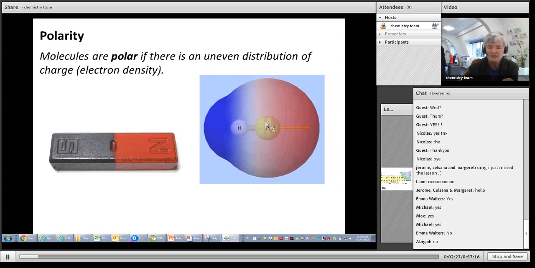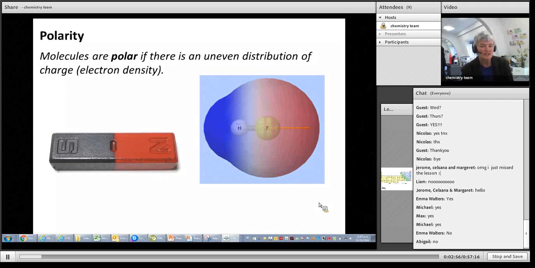Fluorine attracts those bonding electrons a lot more strongly, so you're going to have a polar bond and therefore a bond dipole. Now, the shape of the molecule will say whether you're going to have a molecular dipole. This is a simple one because I've only got one bond, so the molecular dipole will be the same as the bond dipole. But it doesn't have to be the case.